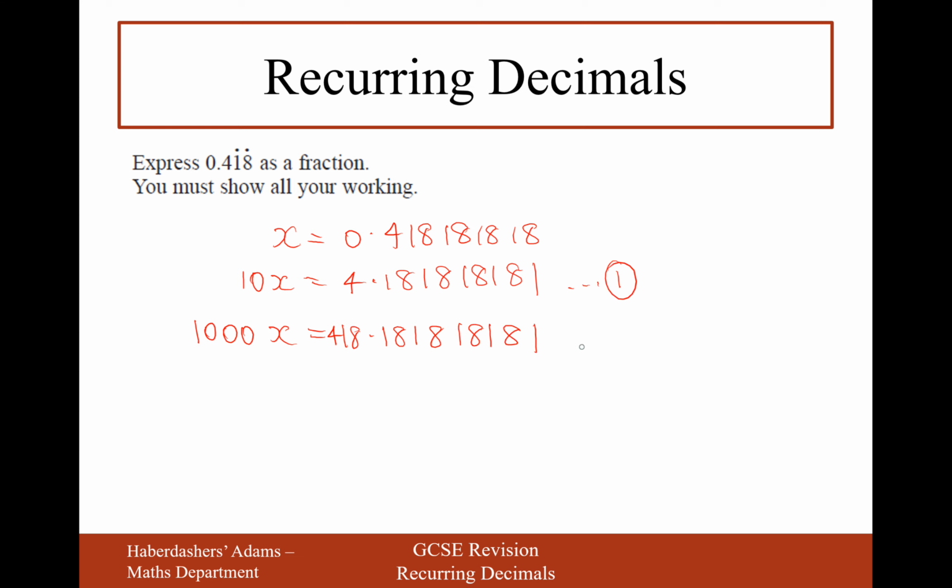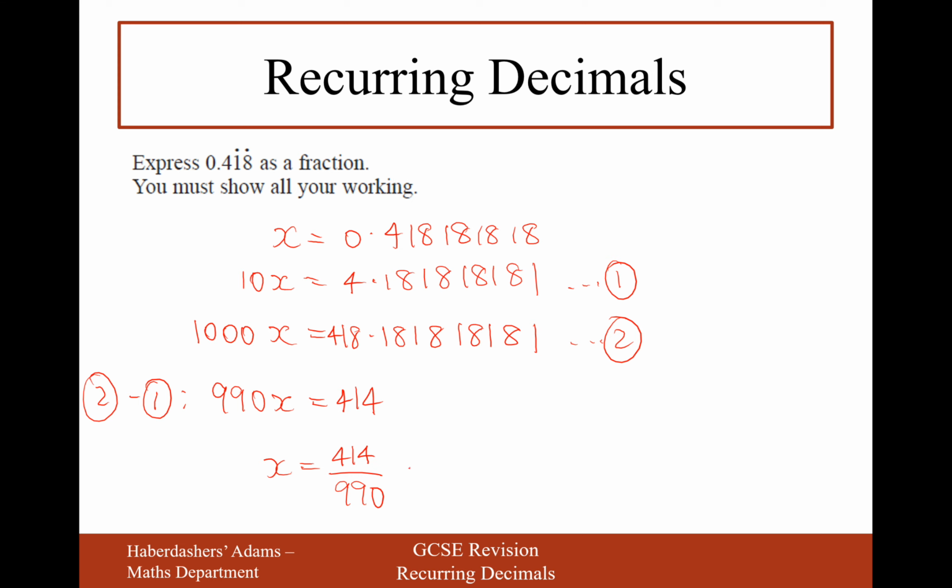Now I've got statement number 1 and statement number 2 perfectly lined up on the decimals, so it's statement 2 take away statement 1, which will give me 990x equals 418 take away 4 is 414. So x is equal to 414 over 990.